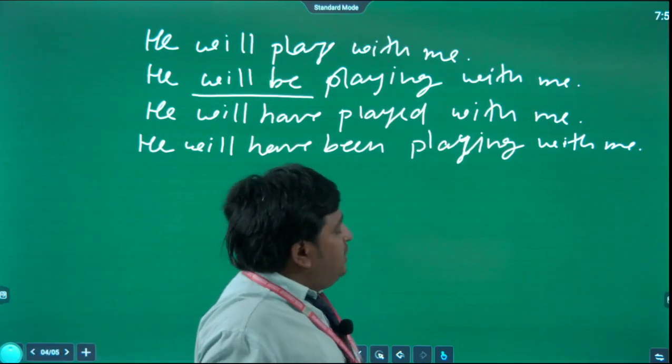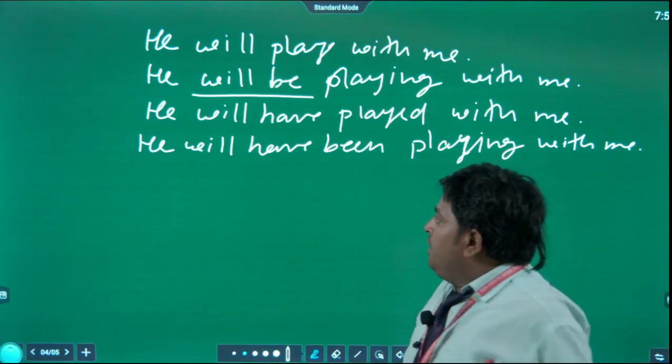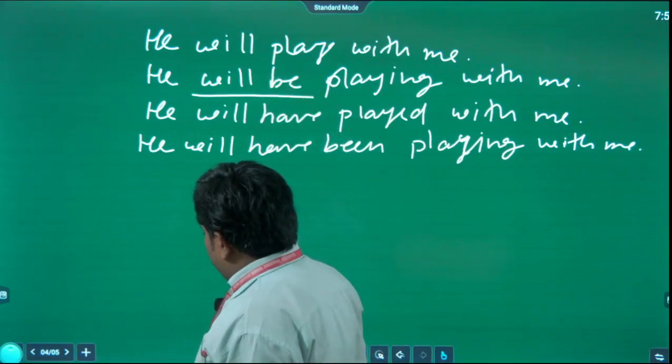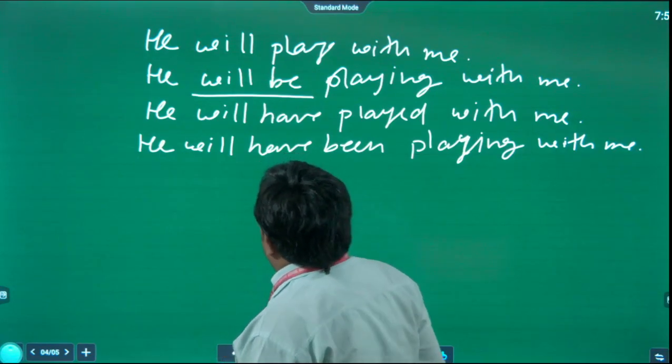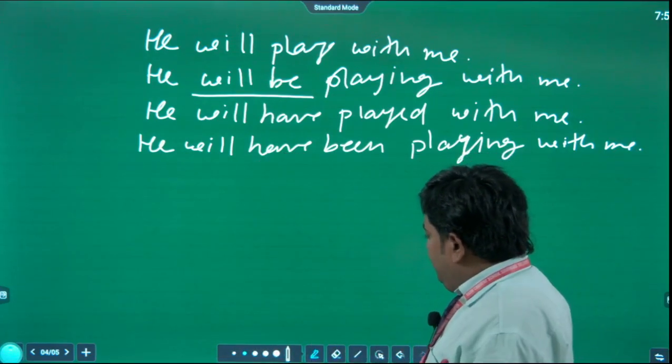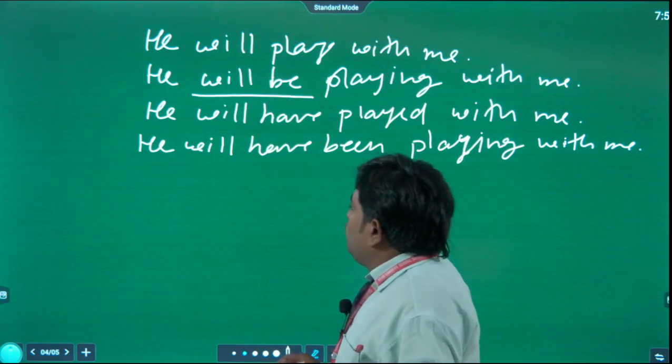So dear students, these are the examples of every tense with structure and rules.